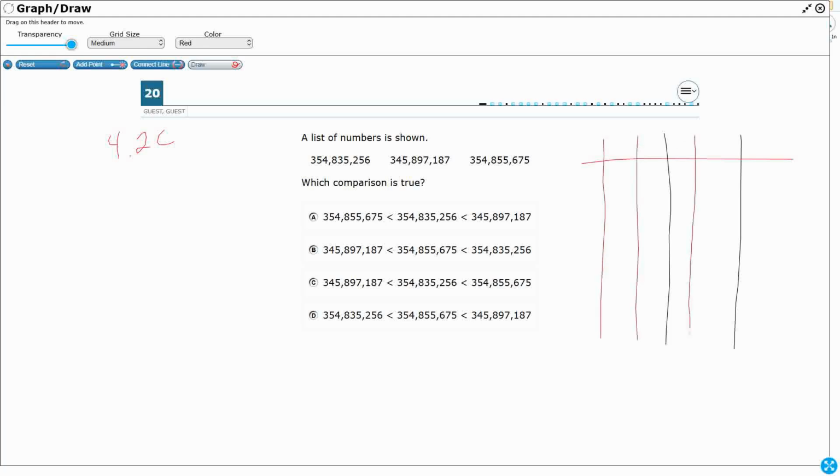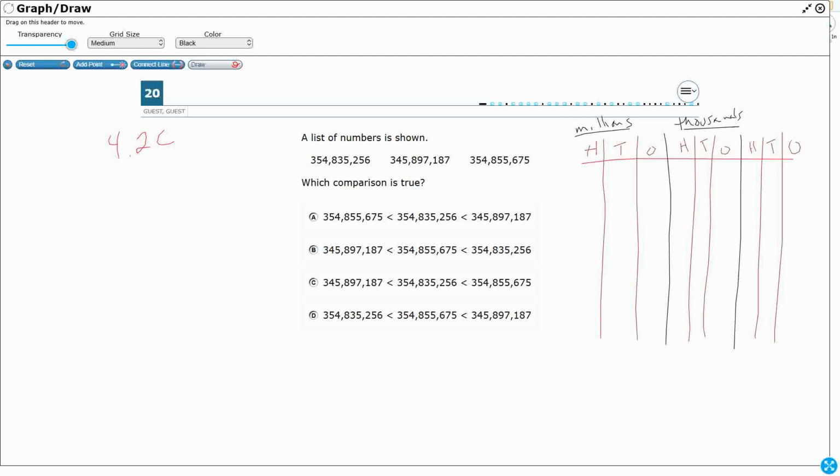I want to separate, rather than commas, I want to separate the ones period, the thousands period, the millions period, okay? So that's going to be my ones, tens, hundreds, my ones, tens, hundreds, ones, tens, hundreds, and this is my ones period or my no-name period. And then I've got my thousands, so 1,000, 10,000, 100,000, and my millions, 1 million, 10 million, 100 million.